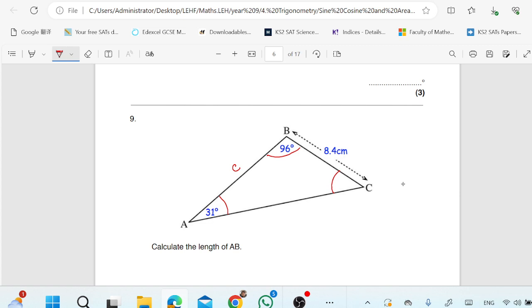You can use the sine rule here, because an angle and its opposite side you already know, and this angle you can find by subtracting 180 minus 96 plus 31. This will give you this angle C. Then, knowing the angle and opposite side, you can find the length by using the sine rule.